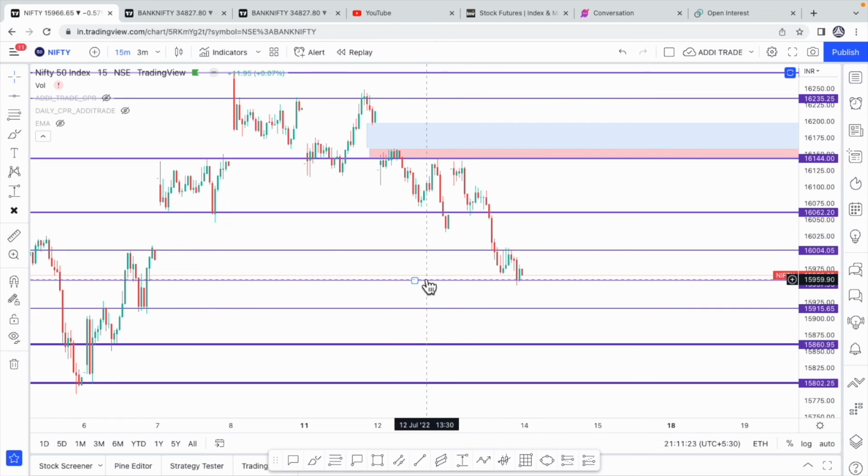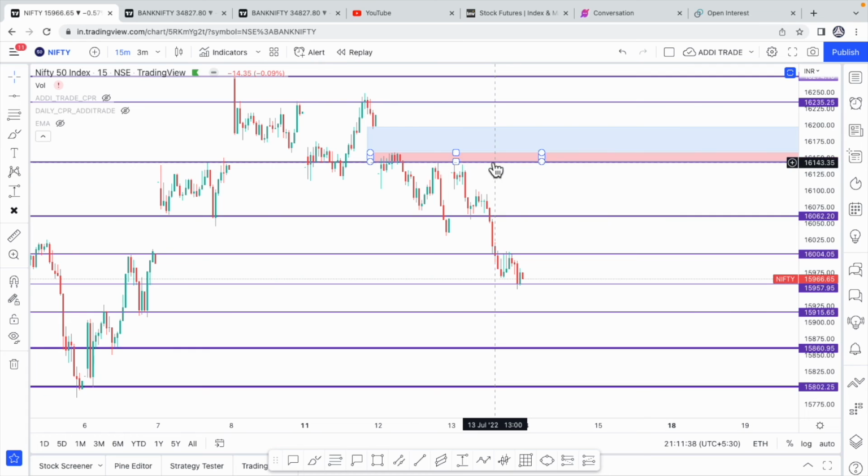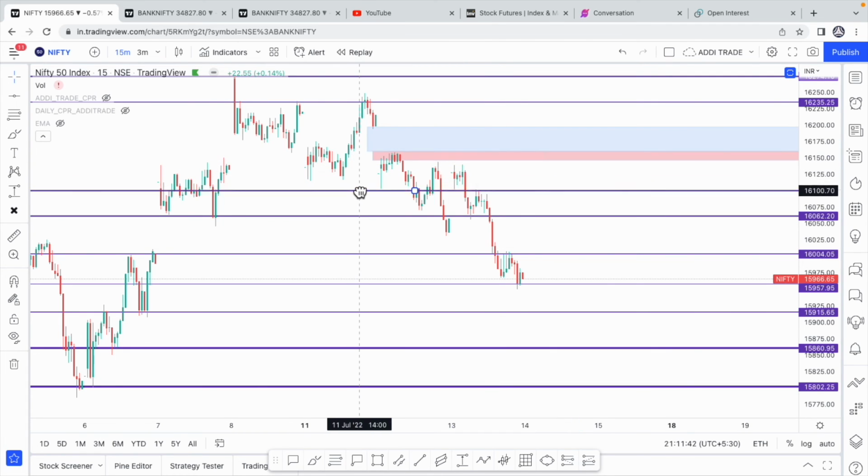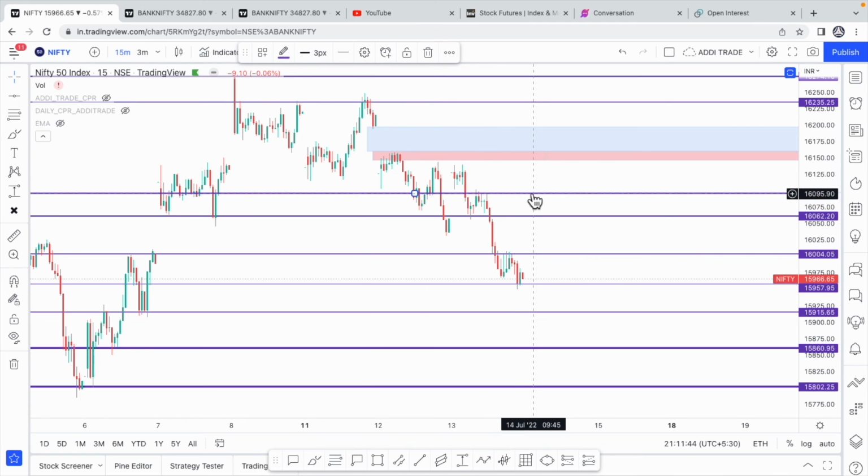And on the higher side, if we break 16,000, the first target will be 16,060 and 16,100. Let me pull this line here; the next resistance we can take is around 16,097.